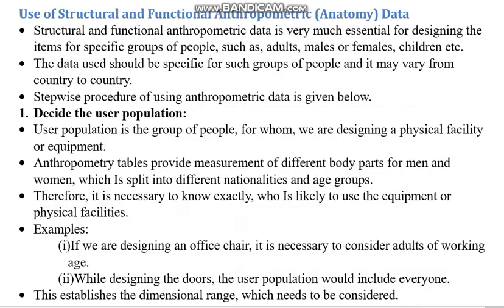Now, use of structural and functional anthropometric data. Structural and functional anthropometric data is very much essential for designing items for specific groups of people, like adults, that means fully grown up people, males, females, children, etc. The data used should be specific for such groups.